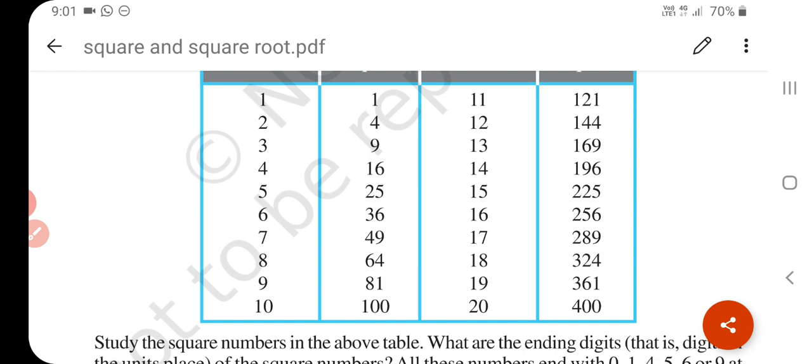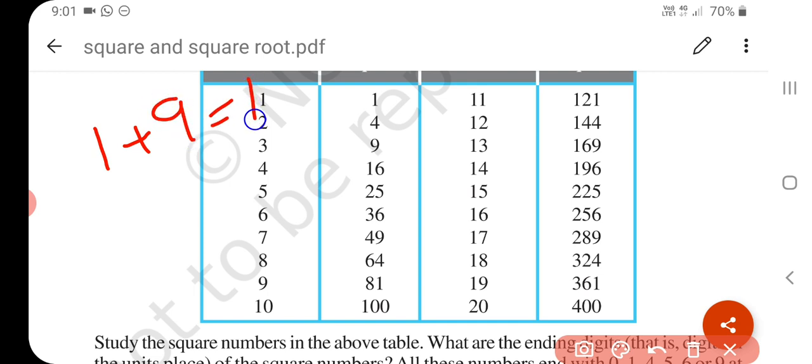Whenever you square a number ending with 1 or 9, you always get a square number ending with 1. You can remember this: 1 plus 9 is equal to 10, and you get 1 at the ones place.